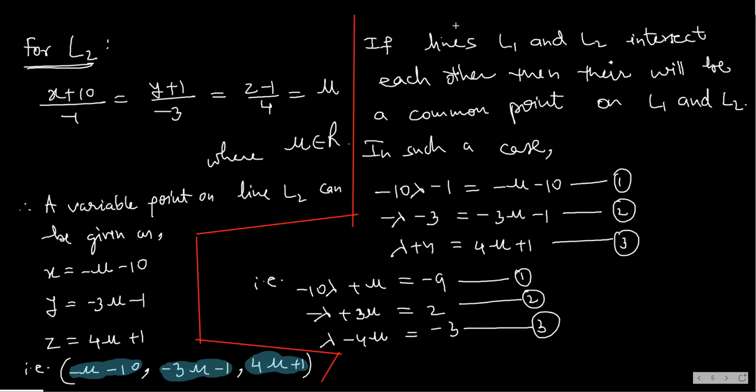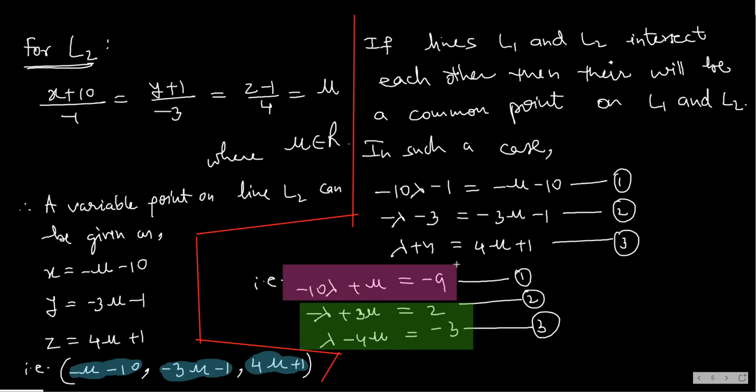For proving them consistent, there are two ways you can do it. You can solve any two equations. Suppose I solve for lambda and mu in 2 and 3, and whatever lambda and mu I get, I substitute in 1.